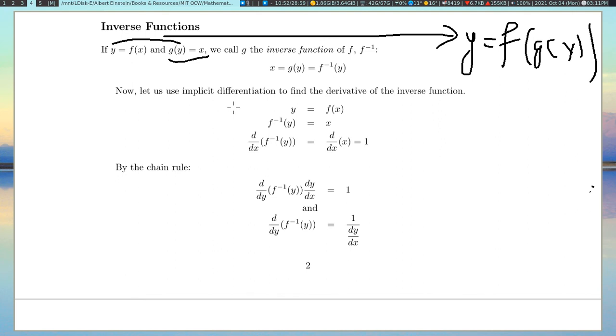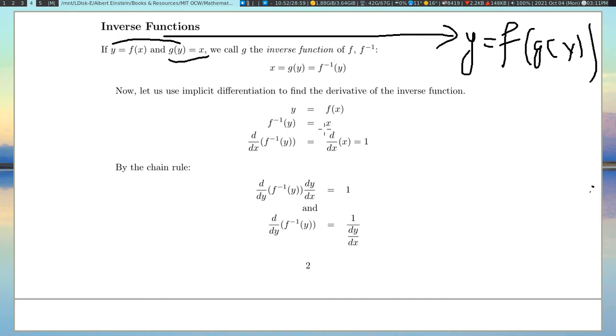What we do is the same thing as we did to get the derivative of the inverse function, using the special property of the inverse. So y is equal to f of x. f inverse of y, what is it?